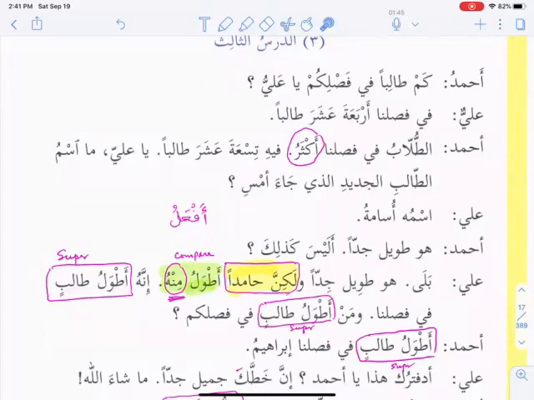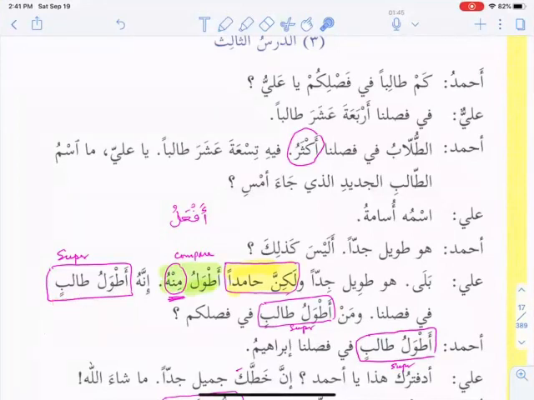And then innahu, hamidan, atwalu minhu, innahu, atwalu talibin. See, now the construction, atwalu, marfu, that is your mudaf, and talibin is mudaf ilayhi.